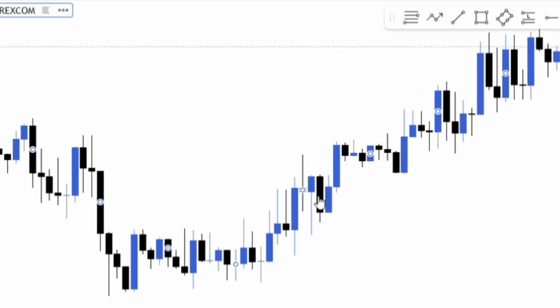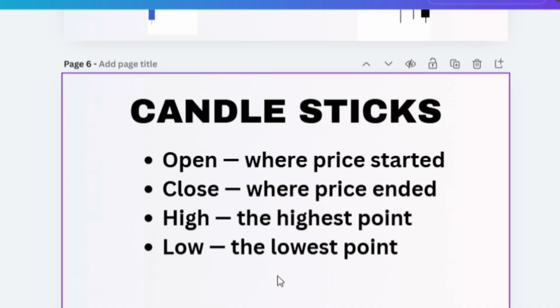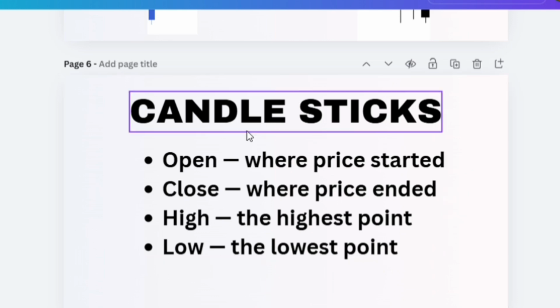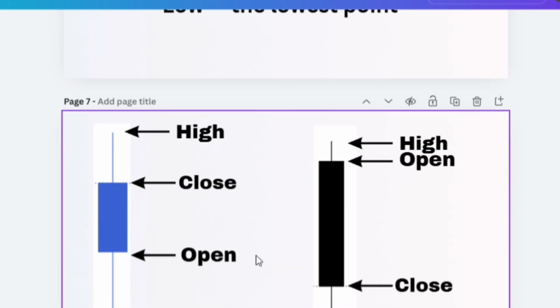All these movements are made up of candlesticks. And each candlestick has these four things in common that I listed out here: first of all, the open, the close, the high, and the low. Open is where the price started. The close is where the price ended. The high is the highest point, and the low is the lowest point.